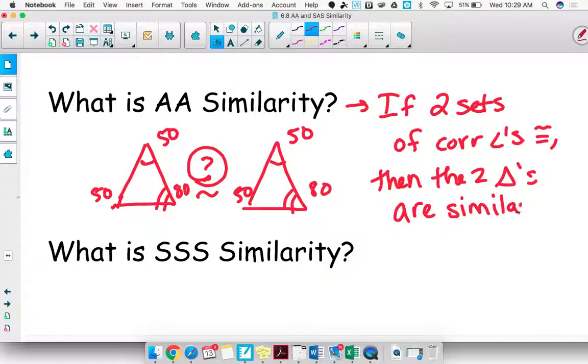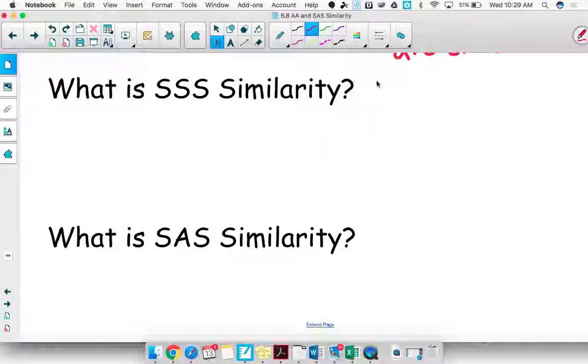Every single time. It doesn't apply to every shape. It just applies to triangles. So these rules we're looking at only apply to triangles. Side-side-side similarity looks something like this.